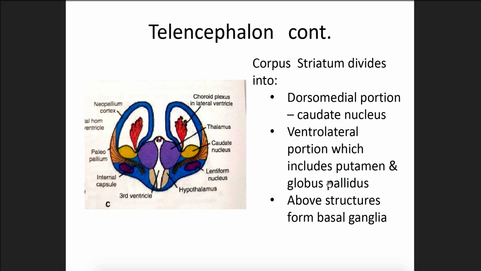And we don't need to do these details right now. We will discuss this in neuroanatomy. For now, you need to understand that the basal ganglia are a collection of nuclei in each cerebral hemisphere which are connected with motor activity, and they are divided by corpus striatum here.